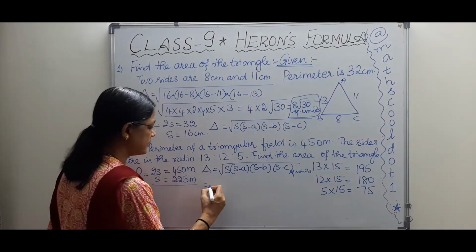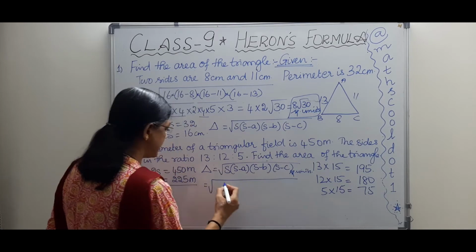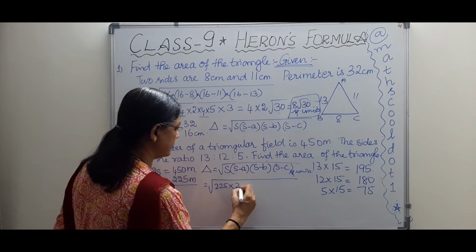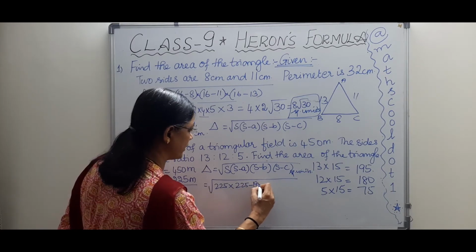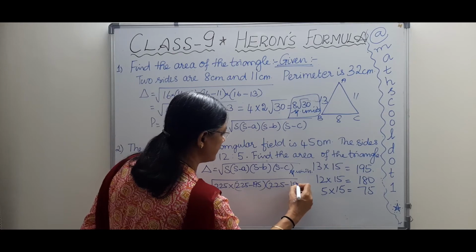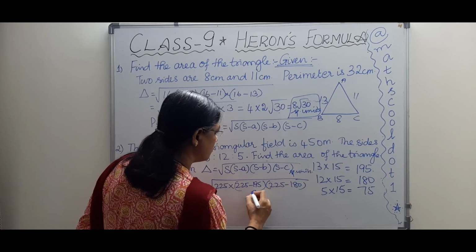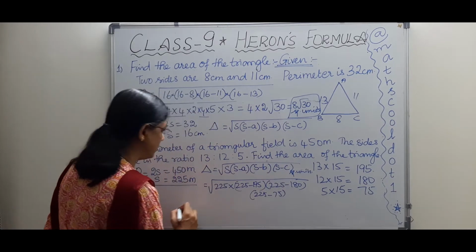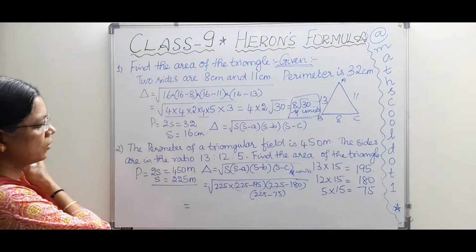So first is root of, what is S? S is 225. S minus A, that is 225 minus 195. S minus B is 225 minus 180, into 225 minus 75. Now we'll expand all these things.